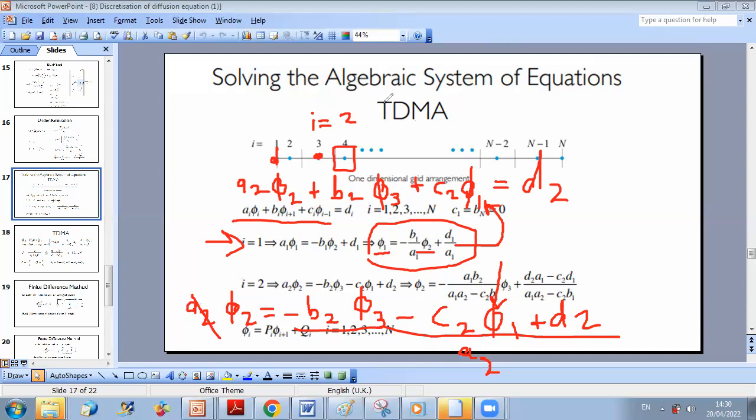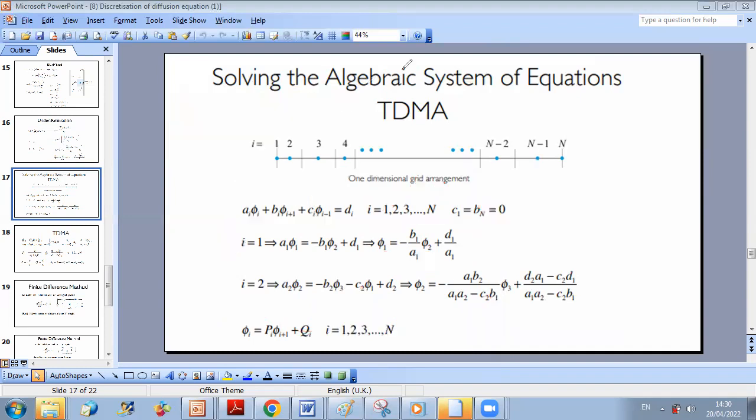I will get that phi 2 is minus B2 over A2 times phi 3.